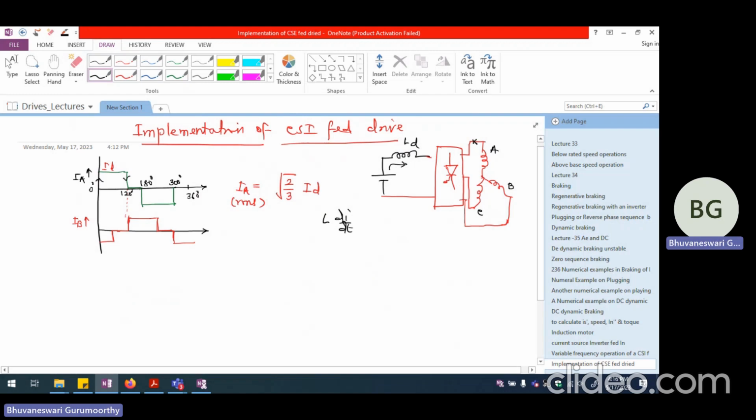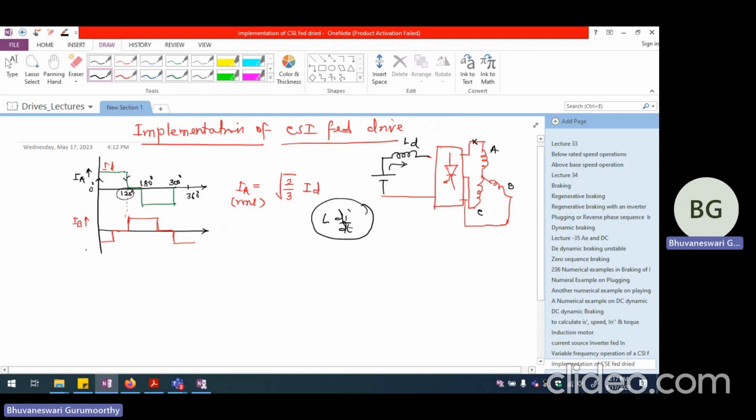For example, A phase current flows from 0 to 120 degrees. At 120 degrees, abruptly the current has to come down to 0. So whenever the current is abruptly coming down to 0, di by dt is large, because of which the L di by dt manifested at the terminal of A phase is going to be pretty large.